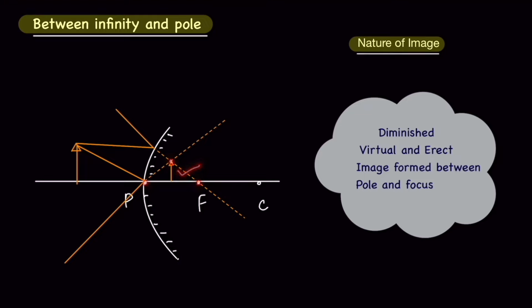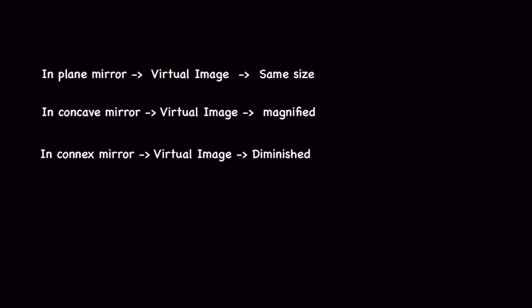So the nature of the image is diminished, virtual and erect, formed between pole and focus. So convex mirror always forms a virtual and erect image and it is always diminished. These two points we can remember. Here I have also summarized.